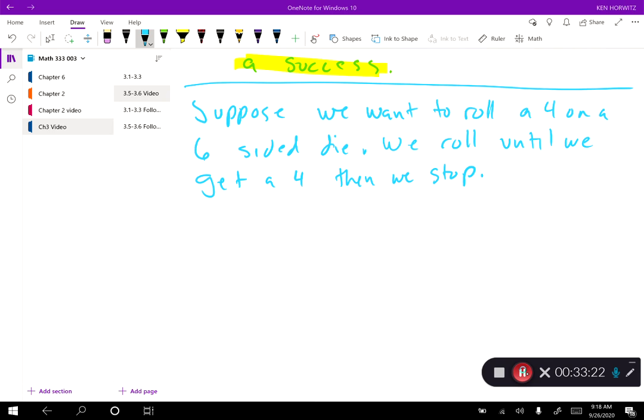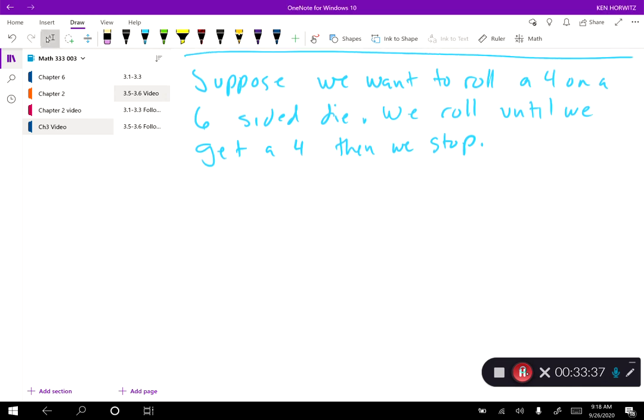Here's a fairly basic example. Suppose we want to roll a 4 on a 6-sided die. We roll until we get a 4 and then we stop. Let's run through this and see how it turns out. Let's say the probability of rolling a 4 on the first roll is 1 out of 6.